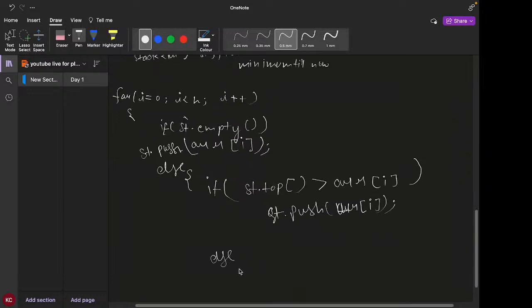Else we will calculate the profit. And what will be the profit? Profit should be arr[i] minus st dot top.